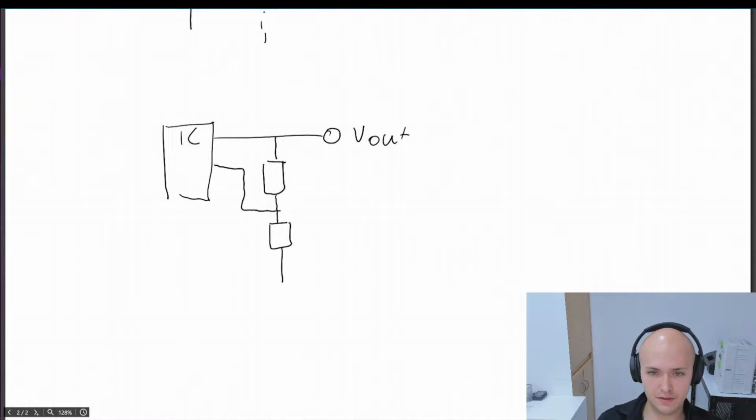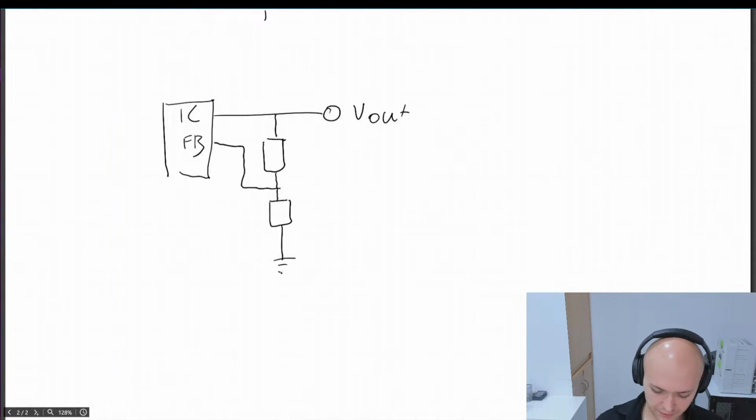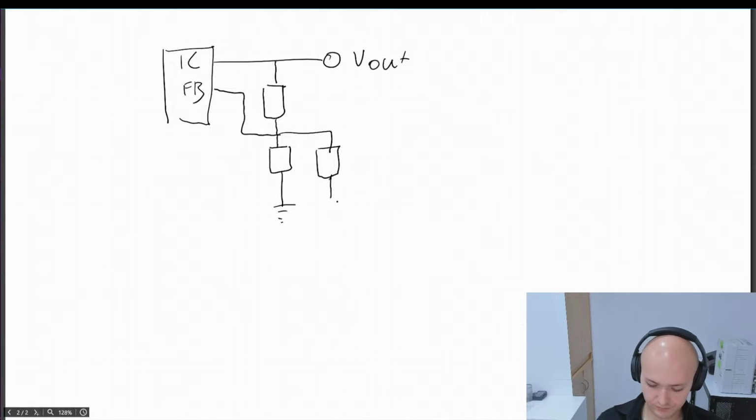And this feedback sets the actual voltage at the output. And that goes to ground. What we can do is add another resistor in parallel and use a MOSFET or some kind of switch. Let's draw it as simple as possible to change the voltage accordingly.